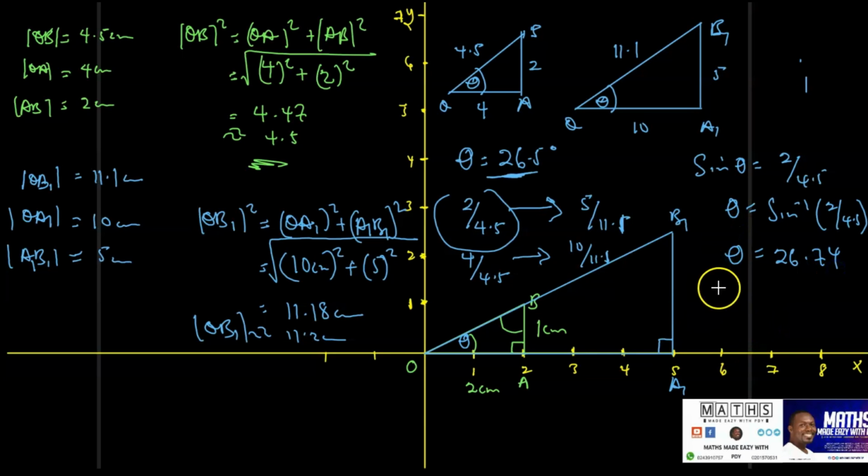Then again, we took sine of theta is equal to 5 over 11.1. Theta became sine inverse of 5 over 11.1. And that theta value was also equivalent to 26.7, right?